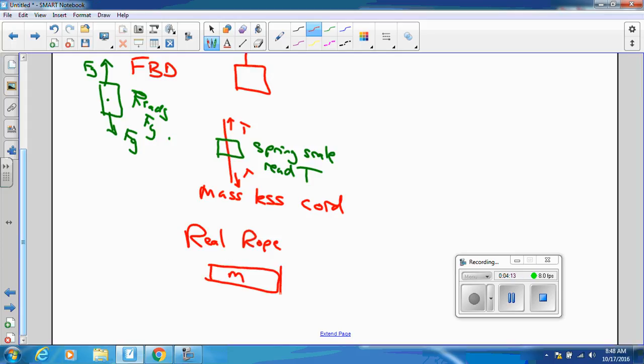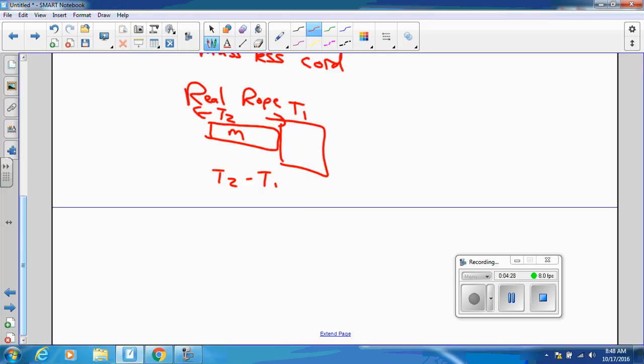If I have a real rope of mass M that is attached to some object, it's going to be pulling with a tension T1 and then T2. It's entirely possible that we can have different tensions on either side, and the difference in tensions, T2 minus T1, will equal the mass of the rope times the acceleration of the rope.